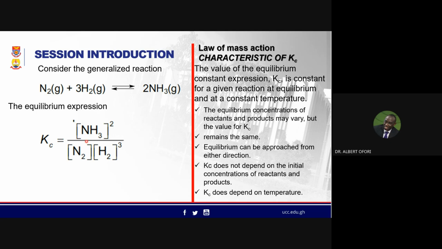Now, when the equilibrium constant is below 1, it means that the reactants are much more than the product. So the equilibrium lies on the left, and much of the reactant is what is favored. Is that okay?